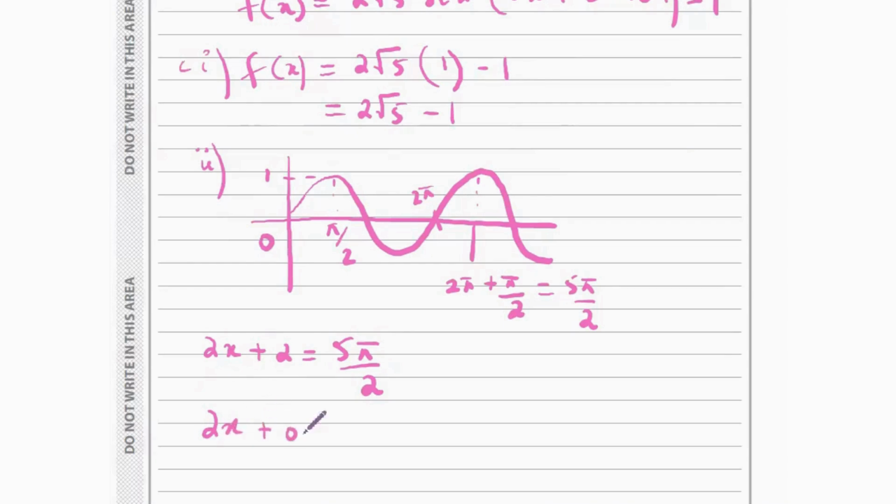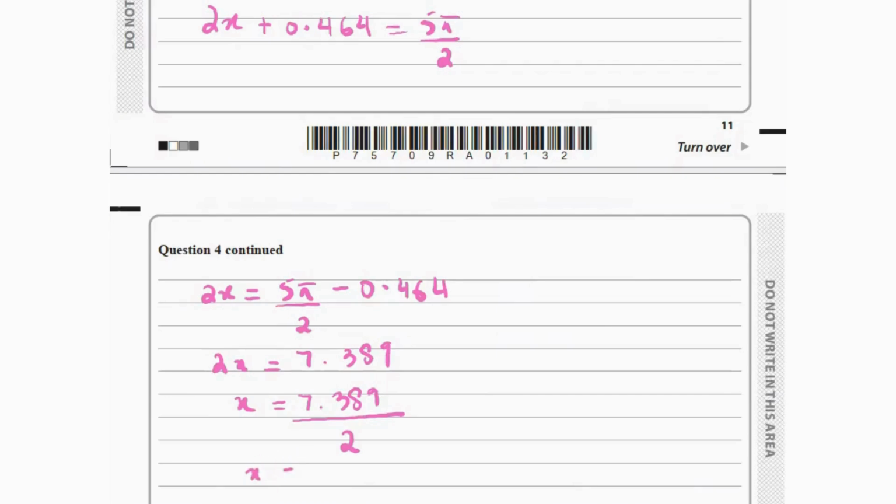So 2x plus 0.464 equals 5 pi by 2. 2x equals 5 pi by 2 minus 0.464, which is equal to 7.389. We divide that by 2, and that equals 3.69 radians. That is your answer.